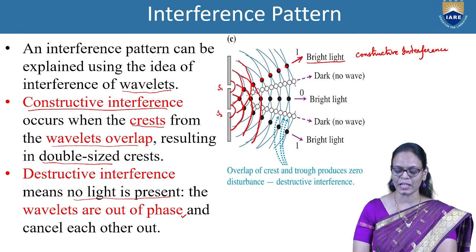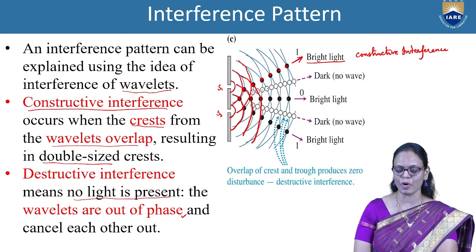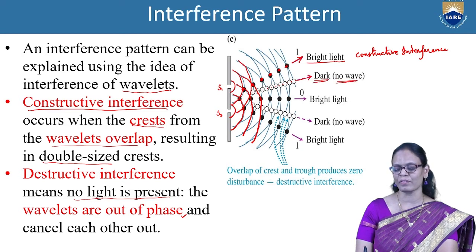Now here if you see, there are also regions where a crest falls on a trough. So these points where a crest falls on a trough, they cancel out each other, and this point is dark, or there is no wave, which you call destructive interference.